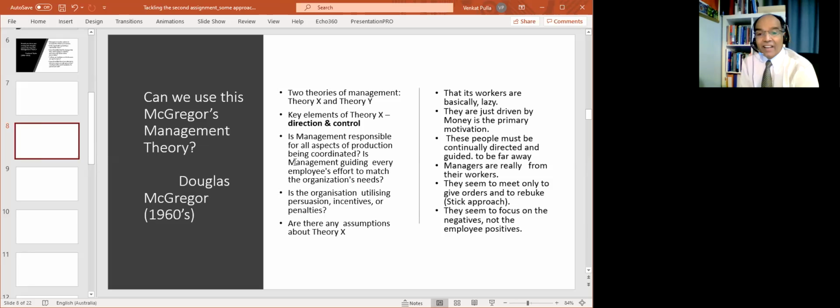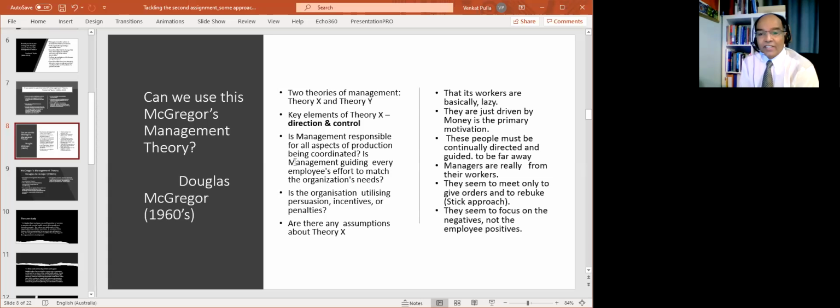Is management guiding every employee's efforts to match the organization's needs? Is the organization utilizing persuasion and incentives, or is it just penalizing people? Is it punishing people? I think these are some of the questions that we possibly need to ask.